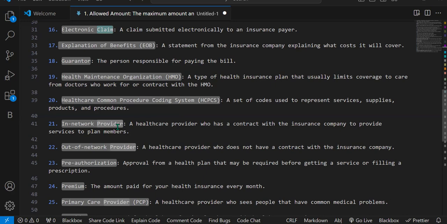So a doctor who does not have an agreement with the insurance company is called an out-of-network provider. Provider is nothing but a doctor.